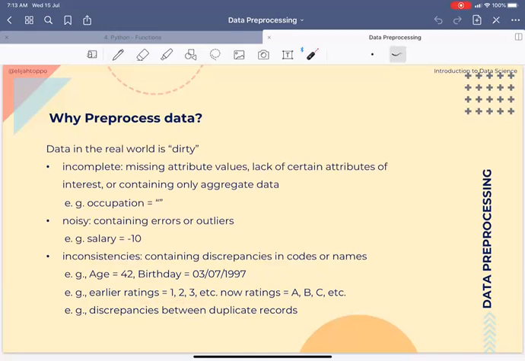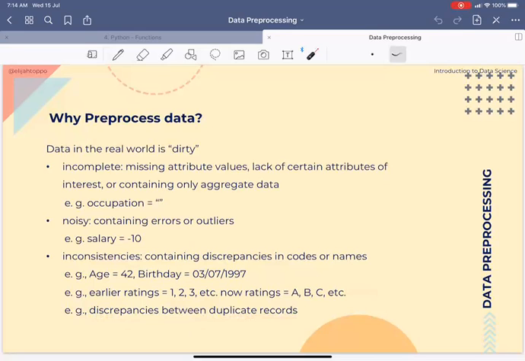And somehow in the future, the system modified to taking the ratings as A, B, C. So again, this is also an inconsistency in data, that is, your data is not the same throughout the life cycle of the collection. So you'll have to do something. I'm not saying this is an impossible problem to solve. It's a fairly easy problem to solve, but it has to be dealt with. You cannot allow this data to go directly to your machine learning algorithm because it will give very wrong results. There can also be discrepancies between duplicate records.